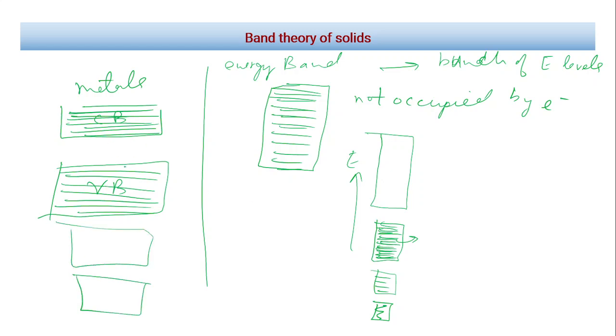But we are interested just to see usually between the unoccupied and occupied, wherever it's. We don't bother about the others, maybe there are more unoccupied and more occupied this side, but we are not concerned with that when we want to define electrical properties of solid.